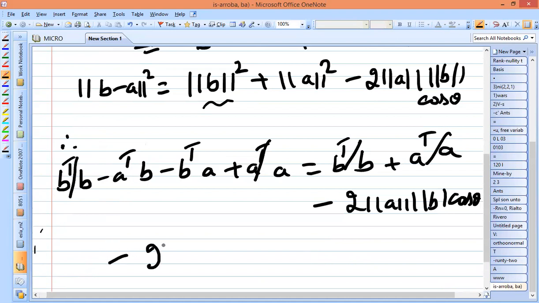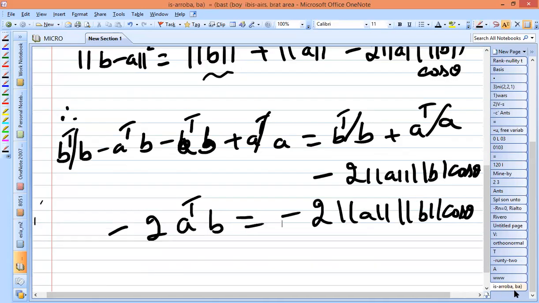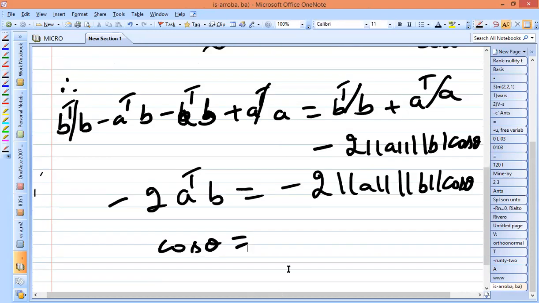I think this is A transpose, so I have written it wrongly here: A transpose B. So minus 2 A transpose B is equal to minus 2 A B cos theta. Now the minus sign gets cancelled, and 2 gets cancelled. From this, what can you write for cos theta? Tell me the equation.